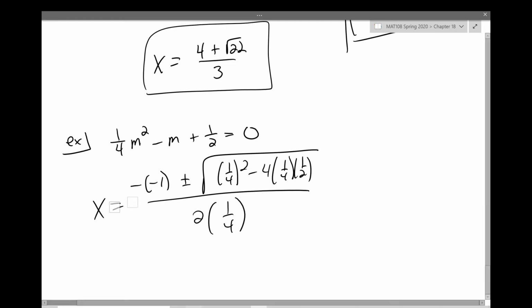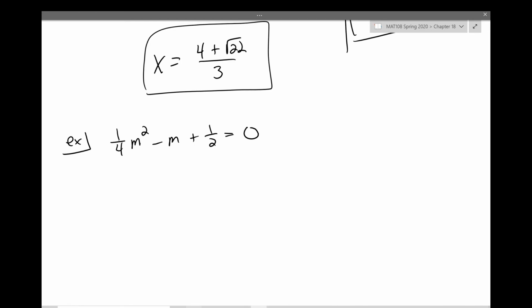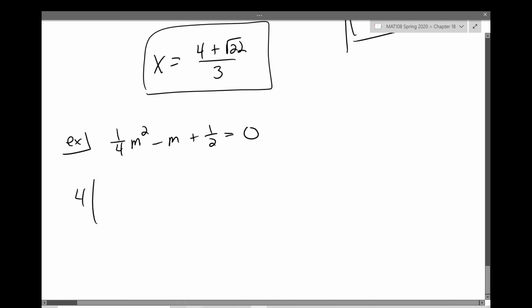So why not just make this problem a little easier for us, okay? Instead of doing this problem, why don't we just find an LCD, multiply the entire equation by it, and that will simplify the fractions. So when you look at the denominators, 4 and 2, hopefully you can see that we're going to multiply everything by 4.